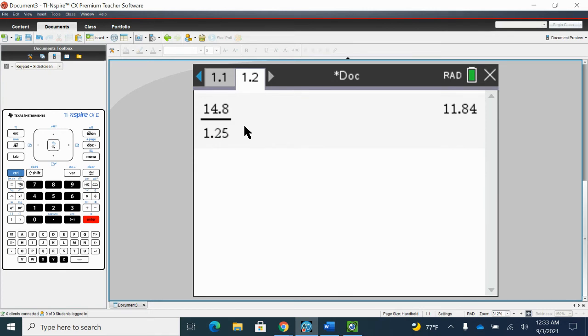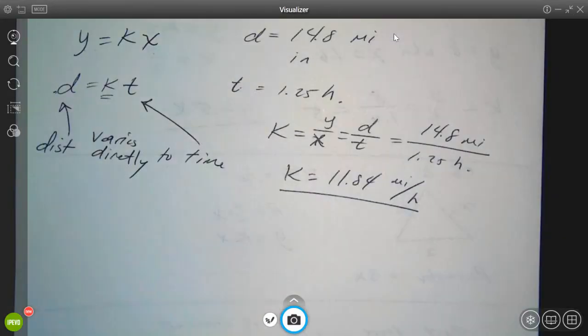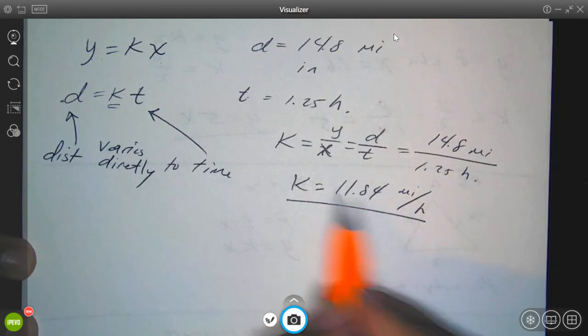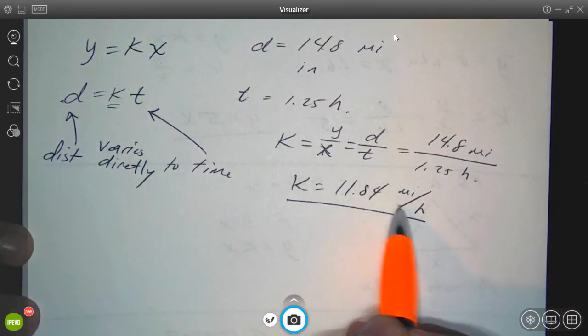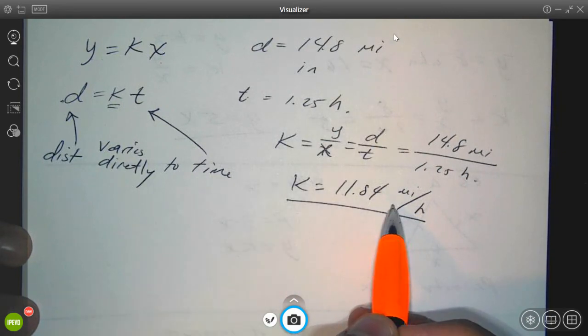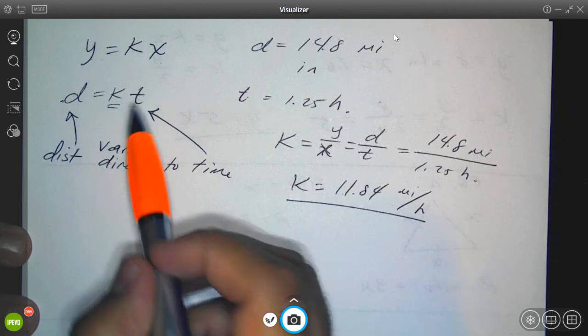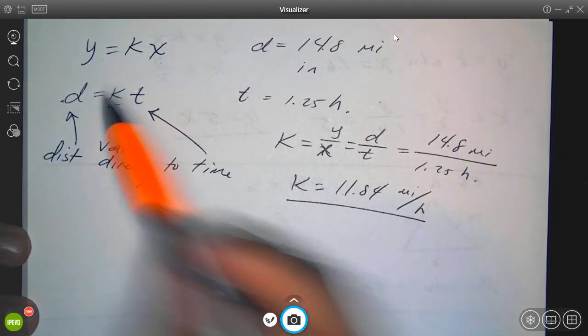That is my constant of variation. So it said, hey student, can you write an equation? Well, yeah, there it is. So from the given information, I found my constant of variation, 11.84. So again, this is what I'm going to use for my equation. Now again, remember, time and distance are variables, input and outputs. My equation is just me finding the value of k.